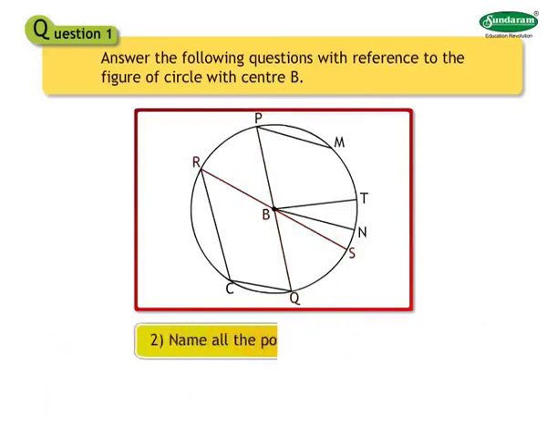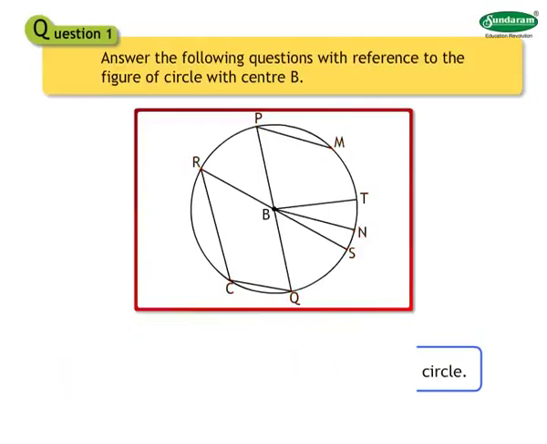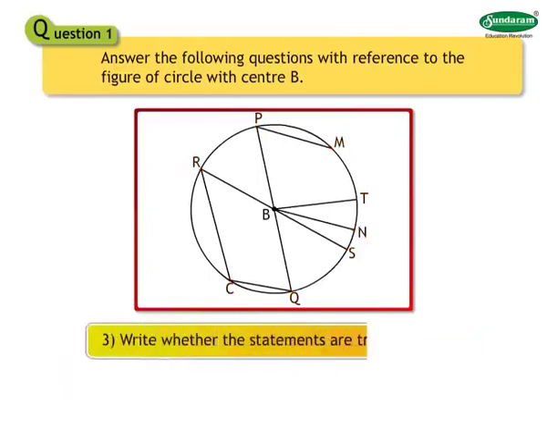Number 2. Name all the points on the circle. Answer. Points are P, M, T, N, S, Q, C are on the circle. Number 3. Write whether the statements are true or false. Number 1.